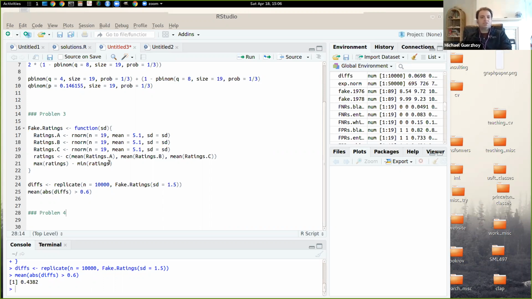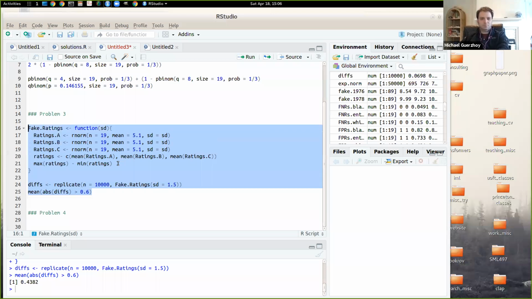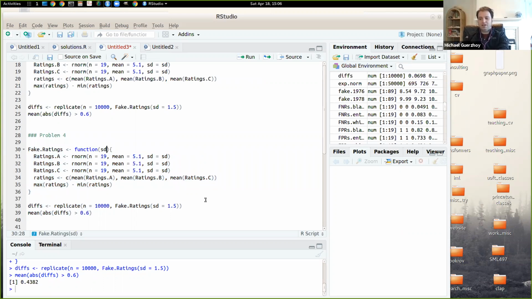Okay, so just copy this. Here I'll change this function a little bit to also take n raters, and I'll put n raters here. And let's start with 40.